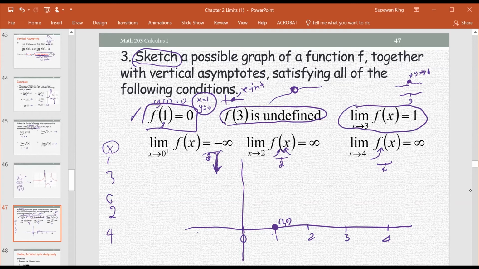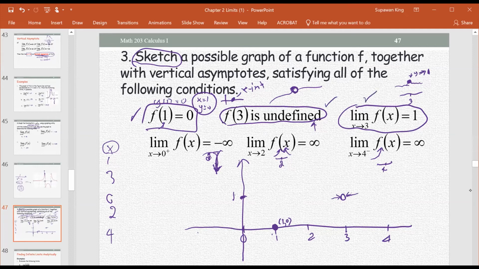Okay, x approaches 3, the function value approaches 1. This is the y-axis, this is y equals 1. At the point 3, coming from the left and coming from the right, the function value approaches 1. At the same time, f at 3 is not defined. That means there's a hole, and the graph coming from the left and from the right, we don't know yet what direction it's going to take. So it's approaching this number, or approaching this hole, okay? So we use this and use this.